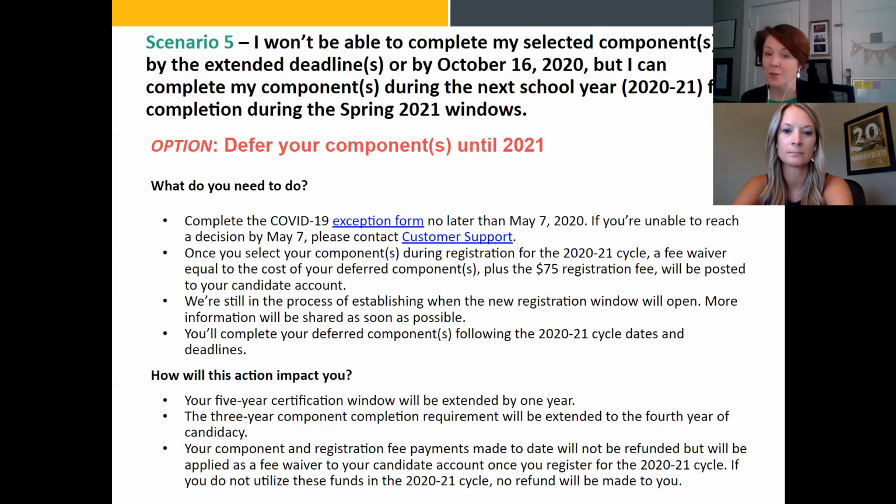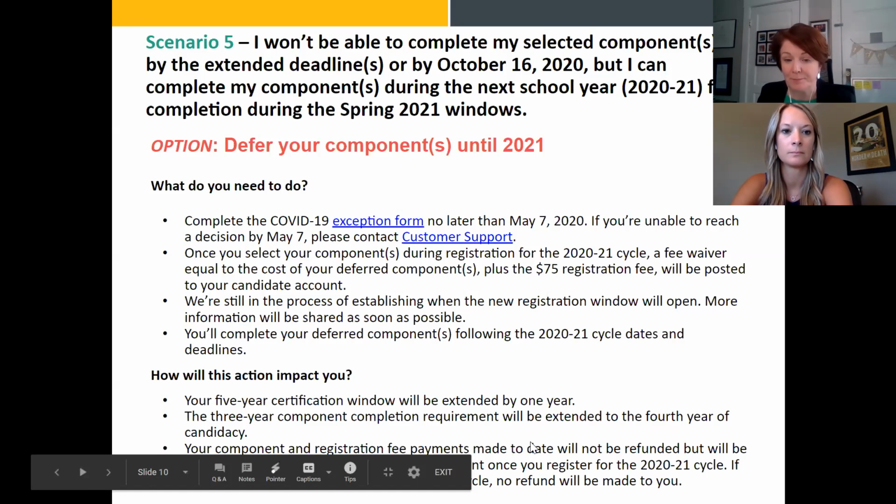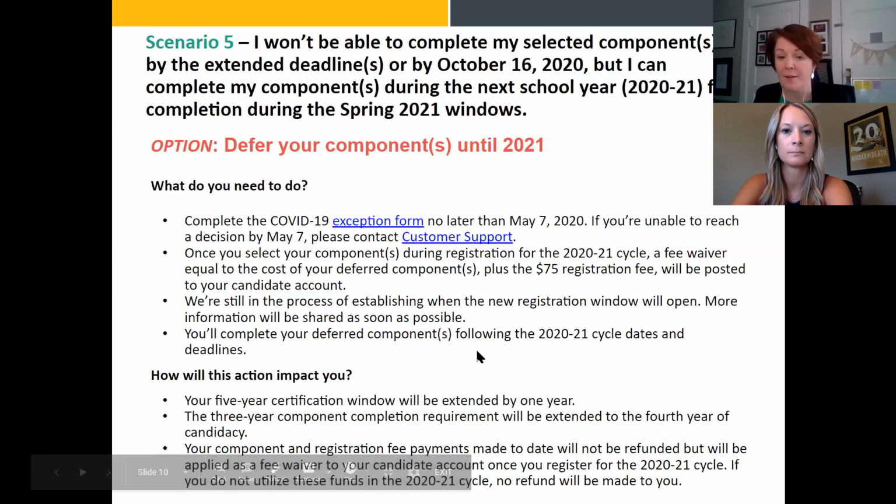If you're in a situation where you're working through some retakes, you will also have an additional year to do that. One thing that is important to know here is that the component and registration payments made to date will not be refunded as a fee waiver for the 2021 cycle.